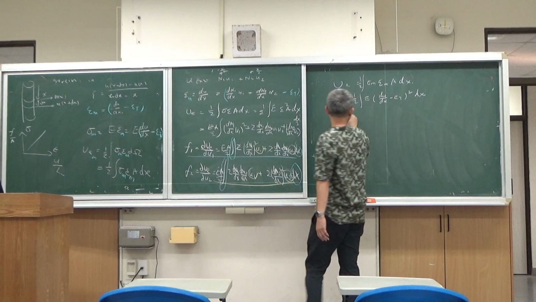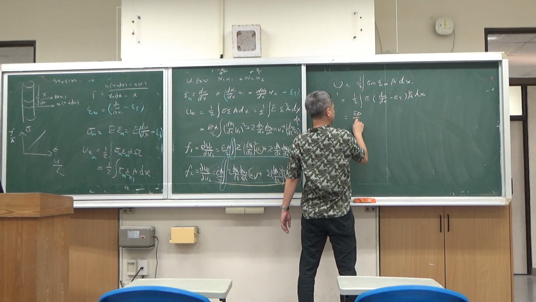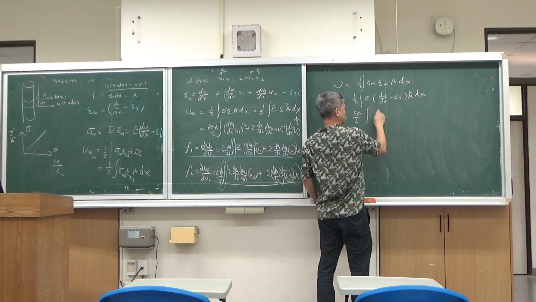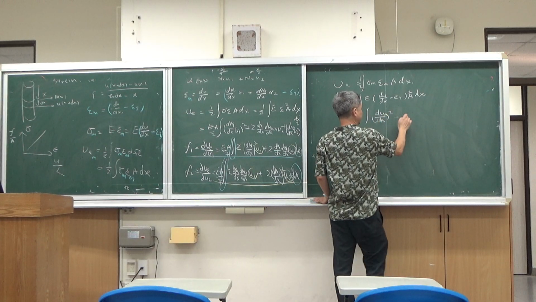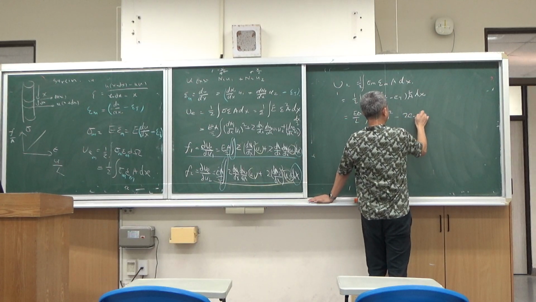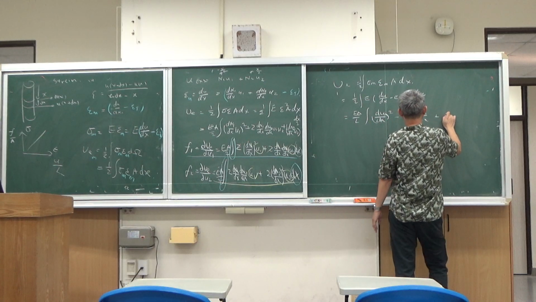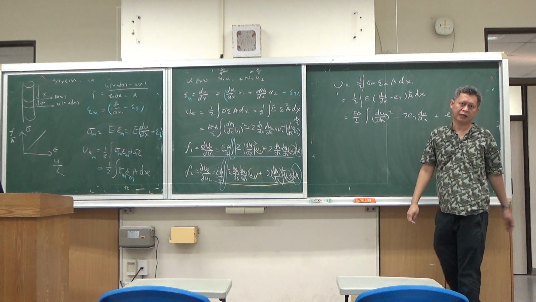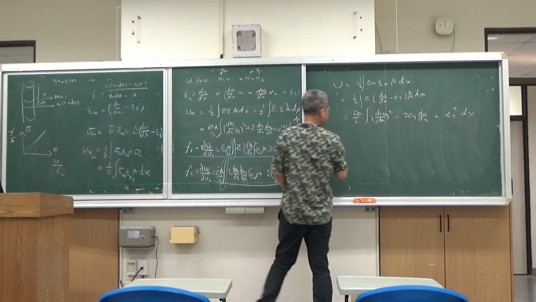If you now do the expansion, you're going to have EA over L, then the gradient squared minus 2 thermal strain gradient plus the thermal strain squared dx. Okay? This is my mechanical strain energy.